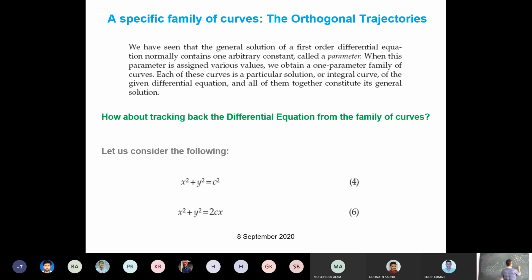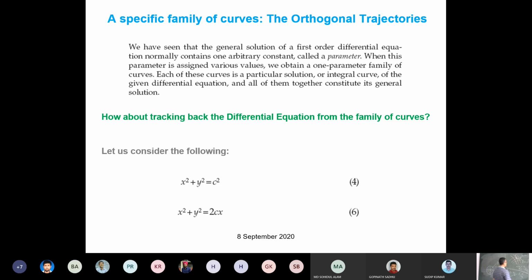Fine. Now, since the pink and green families of curves are perpendicular to each other, this tangent must have a slope m2 such that the product of m1 and m2 must be -1. So that means m2 is equal to -1 by f of x, y. Is it okay with everybody? Fine.